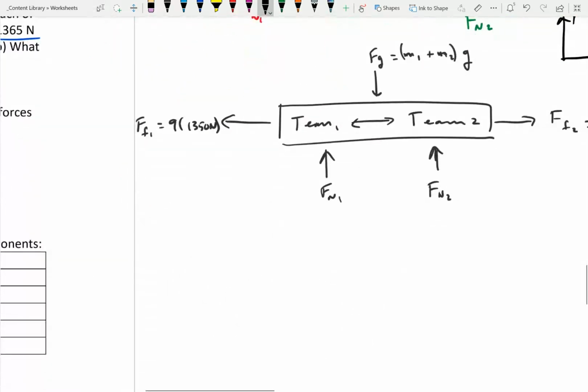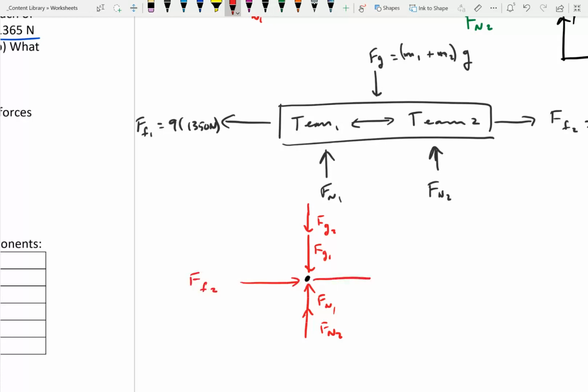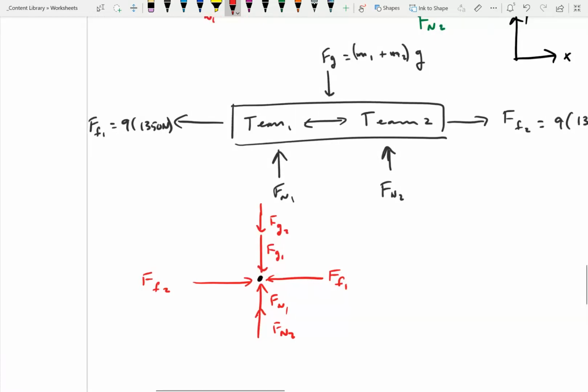If I want to be technical, I will have force normal 1, force normal 2. I put them separate. So there's all of the forces that are acting on the teams combined.